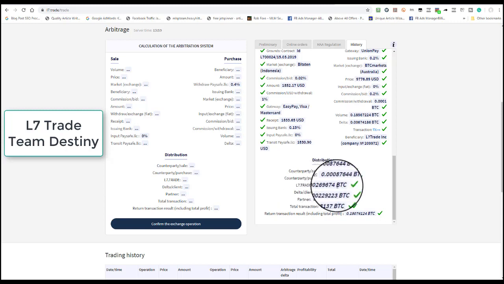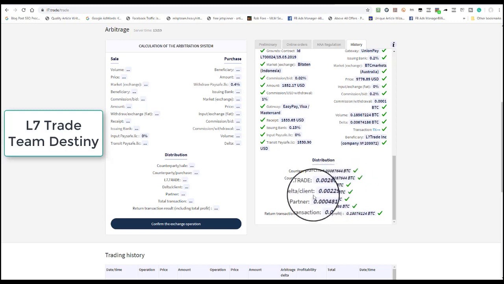L7 trade, they get about 40%. In this case, that was 0.002696, etc. We as a client got about 33%, so 0.00229223. The partner who gets 21%, in other words, the person that referred you, gets this amount, 0.00048.